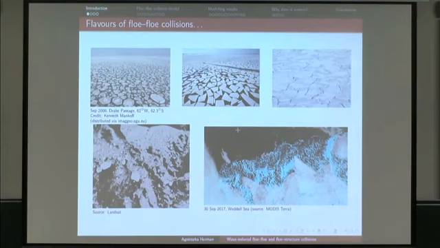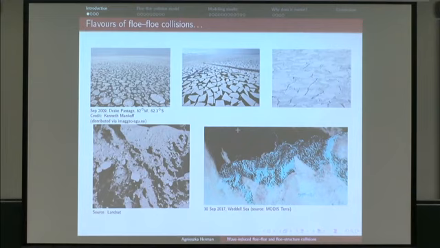And it is quite obvious to say that the nature of collisions will depend on the properties of the waves and on the properties of the ice, like ice thickness or the size of ice floes. And also it depends on what is in between ice floes, in the sense that we may have just water, or in freezing conditions we may have a dense mixture of water with frazil crystals.